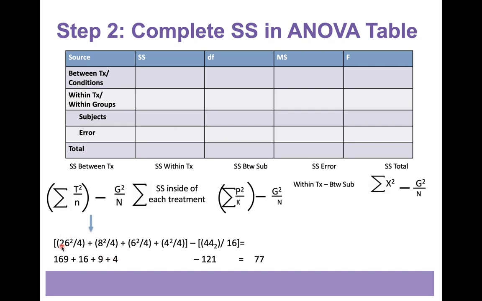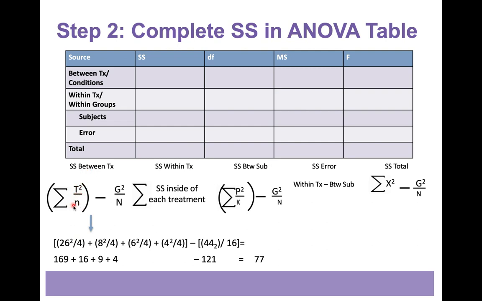So we took every T. So here are our T's. 26 was T1, 8 was T2, 6 was T3, 4 was T4. We took each T and we squared it. Then we divided each T squared by little n, which in this case was 4. So we do each of those calculations independently.